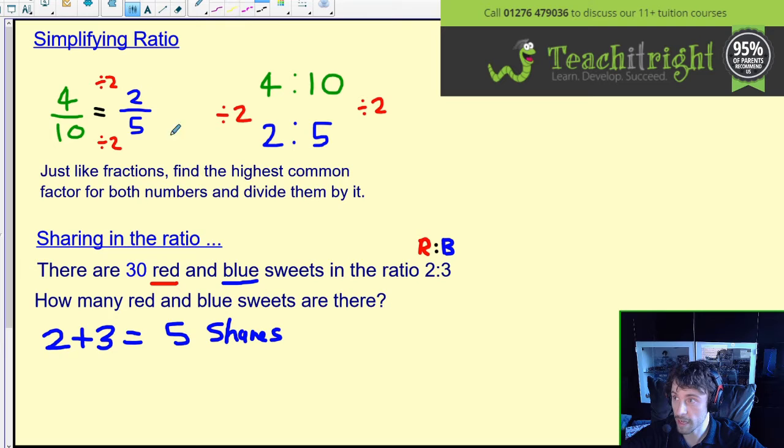And the way we do that is we take the 30 and we divide it by the 5 shares that we worked out earlier. And that will give us the value of one share. Now 30 divided by 5 is 6. So if I wanted to, I could write 6 is one share.